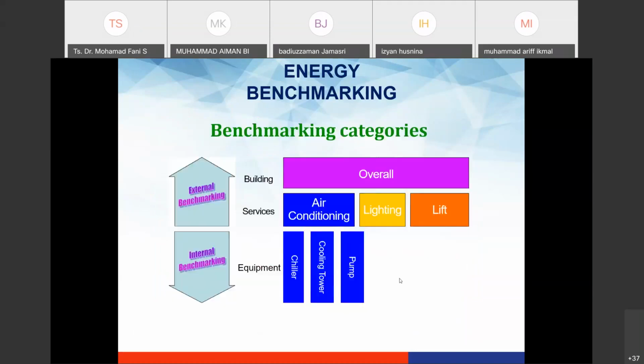Okay, establishment. So benchmarking categories for the buildings as the overall service: air condition, lighting, lift. For the lighting, we also have the external benchmarking. External benchmarking means benchmarking to another organization or to the standard, etc. For the internal benchmarking based on the equipment, for example, chiller 1 and chiller 2 in the plant room, cooling tower 1 and cooling tower 2 for the same building.